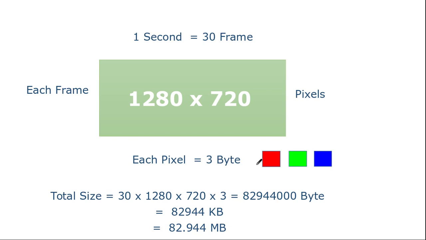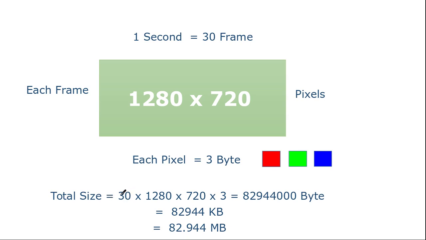Each of these colors occupies one byte, so each pixel is encoded with 3 bytes of information. Let's calculate the size of 1 second of uncompressed video, how much space it will take.